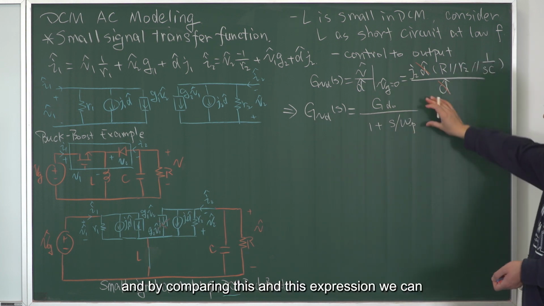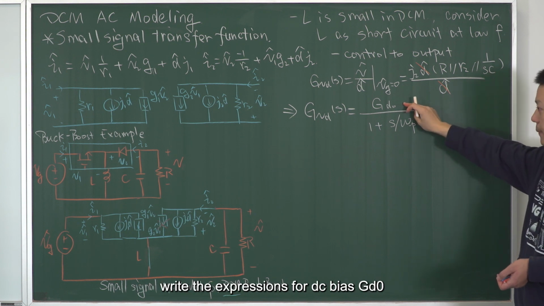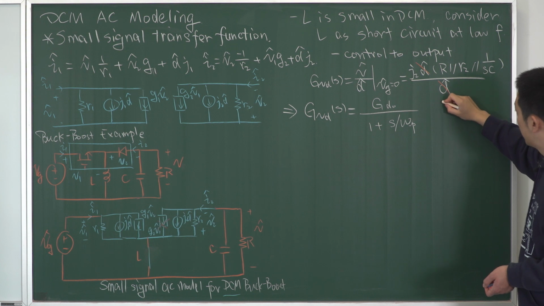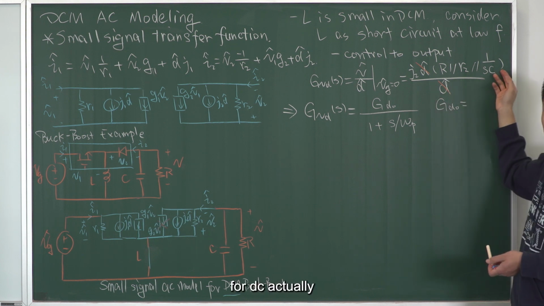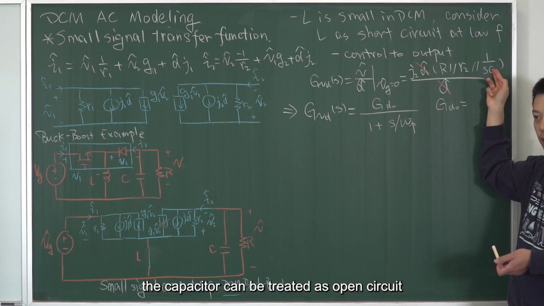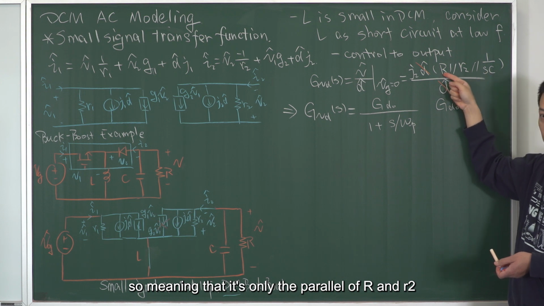By comparing this and this expression, we can write the expressions for GD0. For DC, the capacitor can be treated as an open circuit, meaning that it's only the parallel of R and R2.